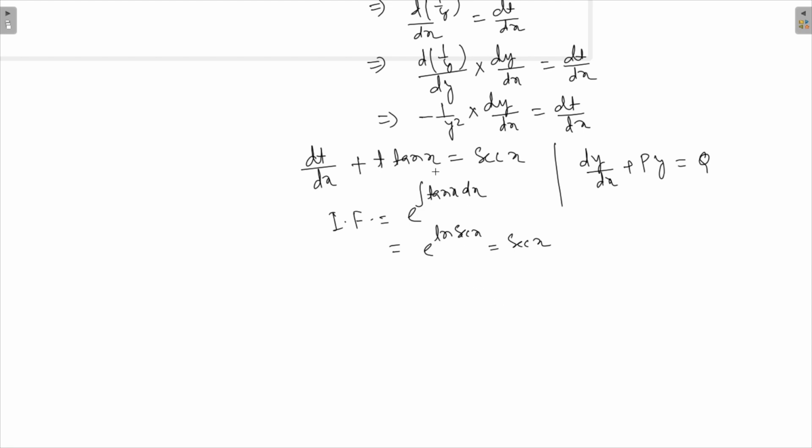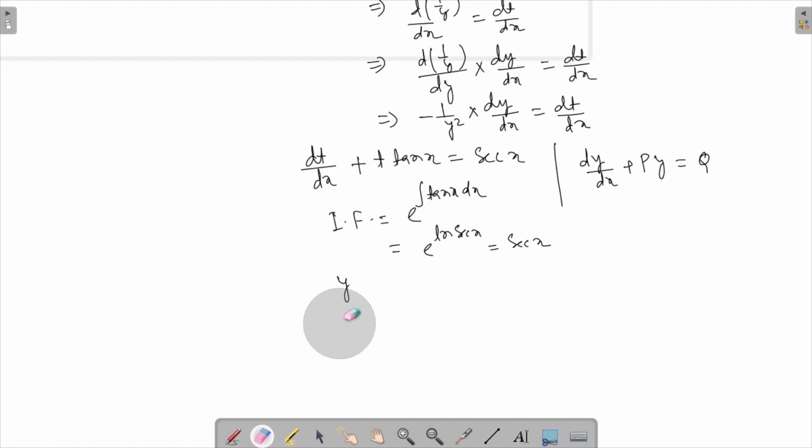You can solve this linear differential equation like this: here you have got t, not y, so you write t into the integrating factor, which is t into sec x, and you have to multiply sec x on this side also. So this will become sec x into sec x dx. Now you'll have to integrate it.